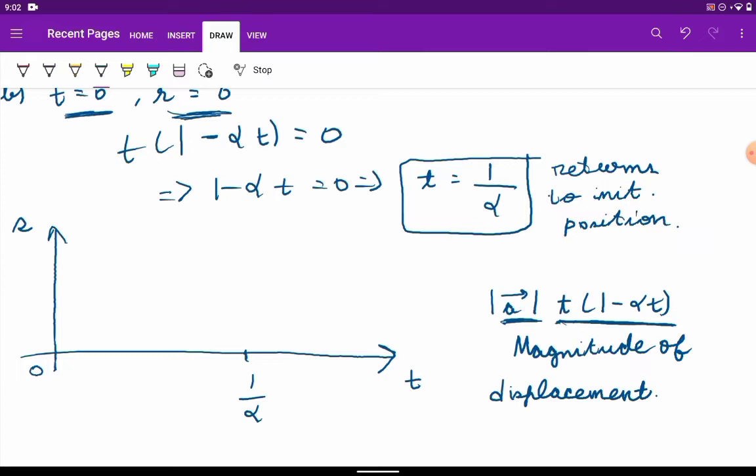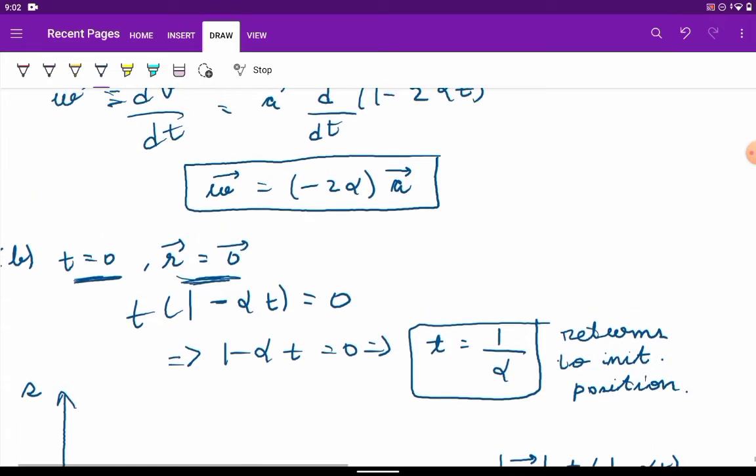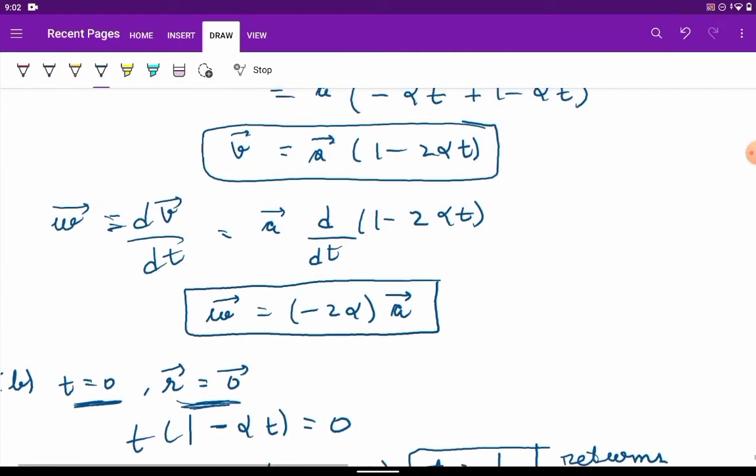So okay, let's see it this way. The curve will be a parabola. So for a parabola, the double differentiation is negative, as you can see. Alpha is positive, so double differentiation is negative.